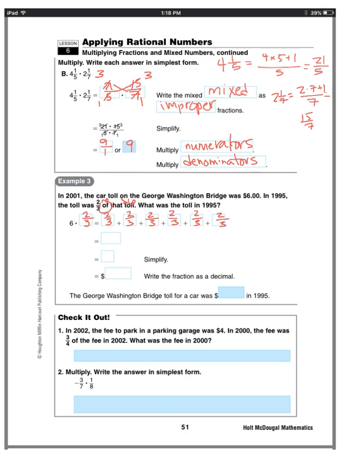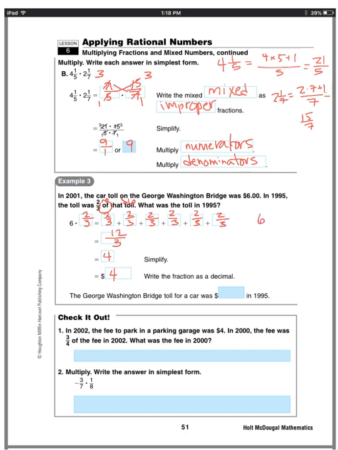So all we have to do now is look at the fact that our denominators are all the same. So we leave it as a denominator of 3, and we have 1, 2, 3, 4, 5, 6 twos, and 6 times 2 is 12, and 12 divided by 3 is 4. So $4 was the toll in 1995.